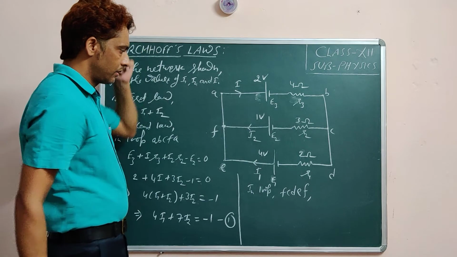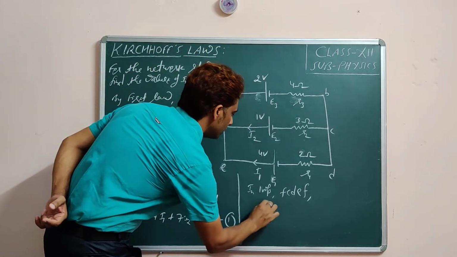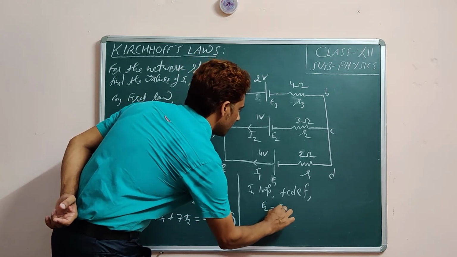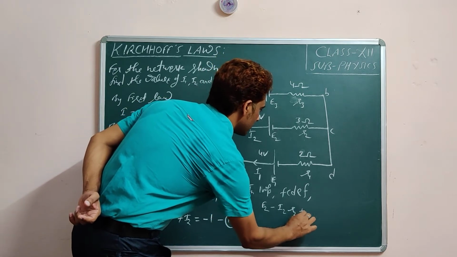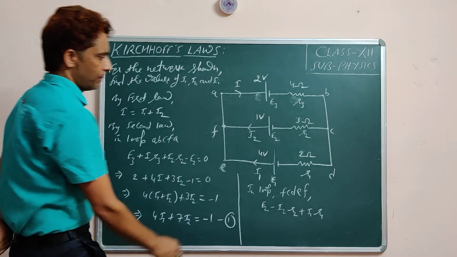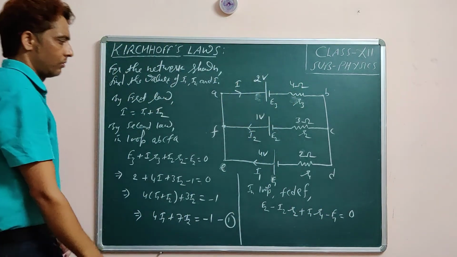So I write E2 minus I2 into R2 plus I1 into R1 minus E1 is equal to 0.